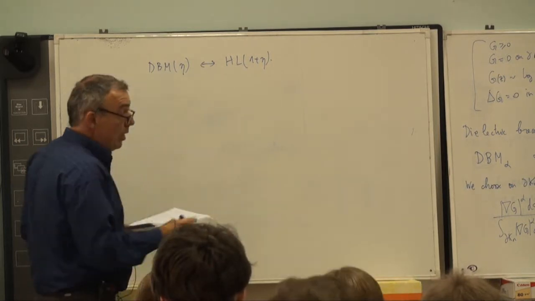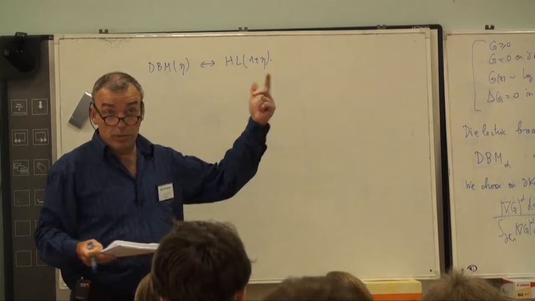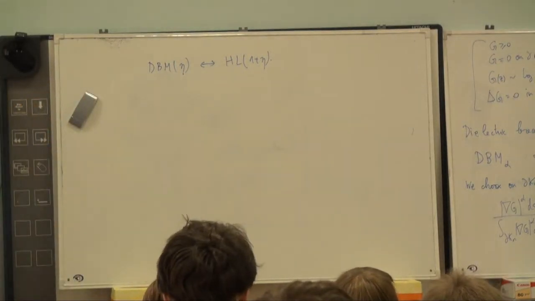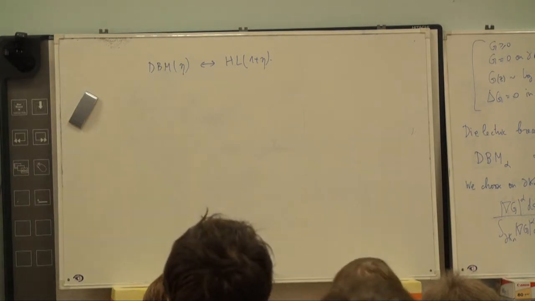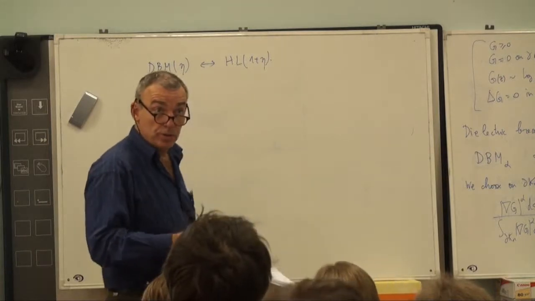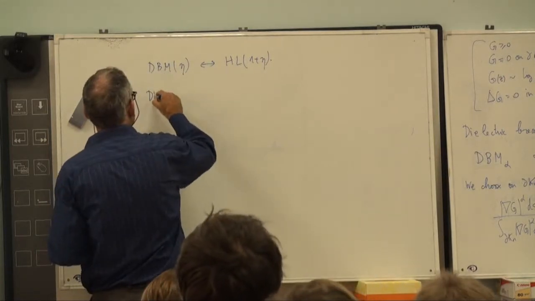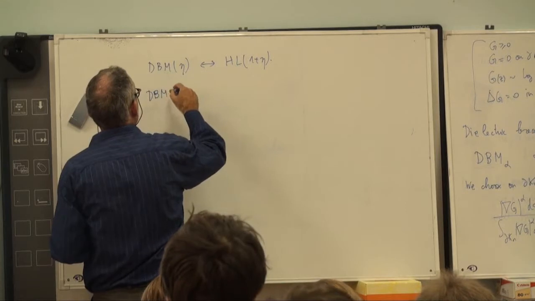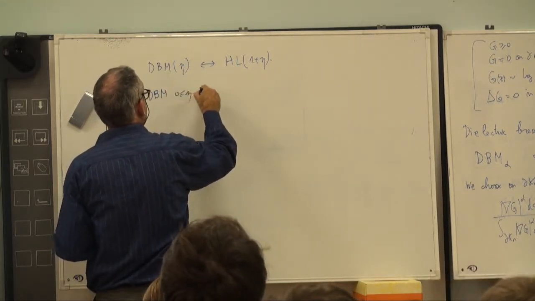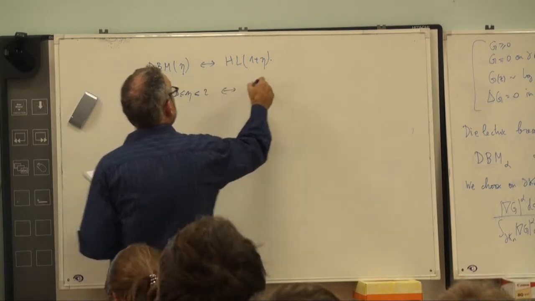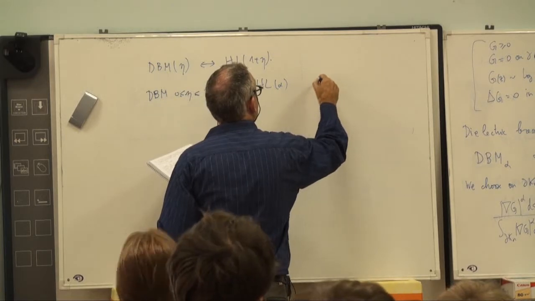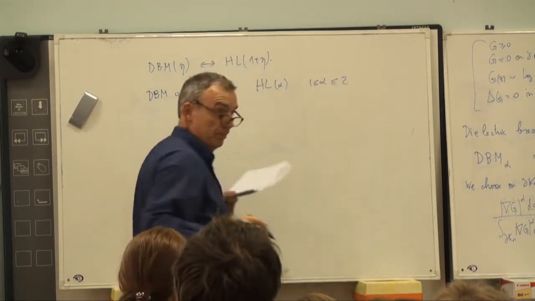So DBM eta was running between 0 and 1, and this corresponds to HL alpha with alpha greater than 1 and less than 2.